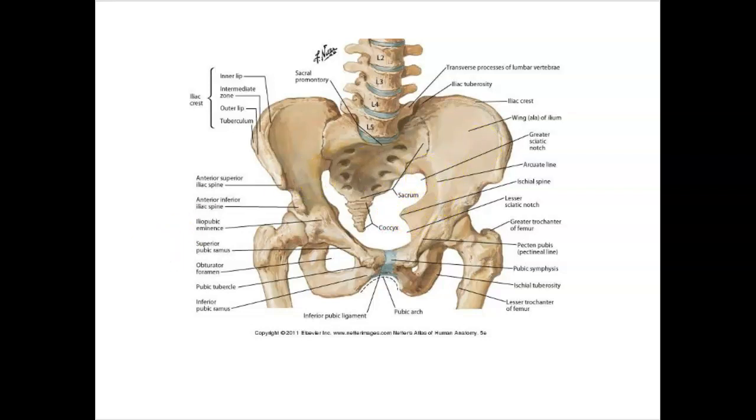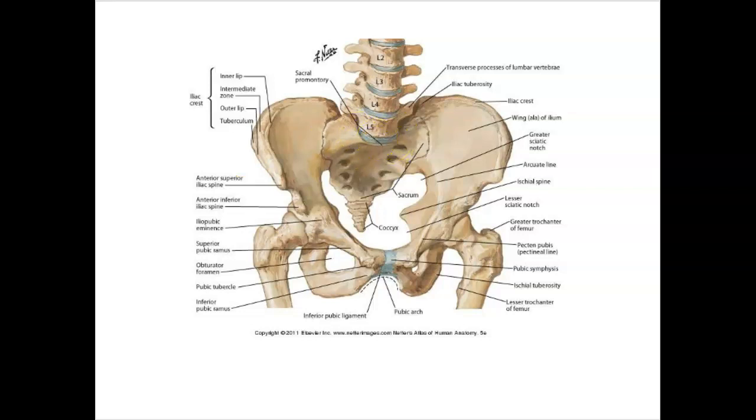If we go back to the sacrum here, the sacral promontory is the most anterior portion of the sacrum. In standing, when you're anatomically erect vertically, it acts more like a roof to the pelvis. Many people think this is like the back side of the pelvis.